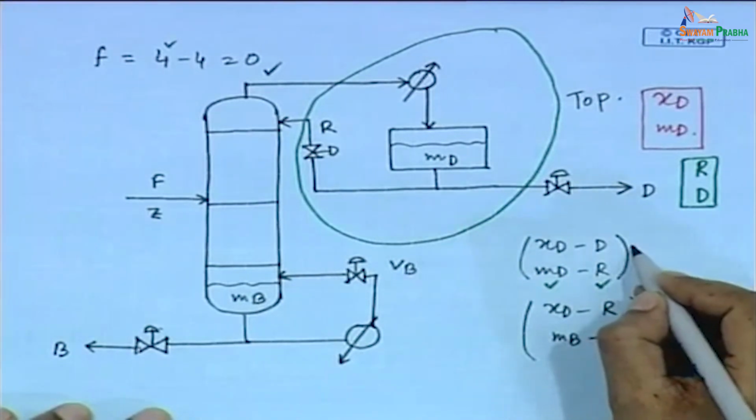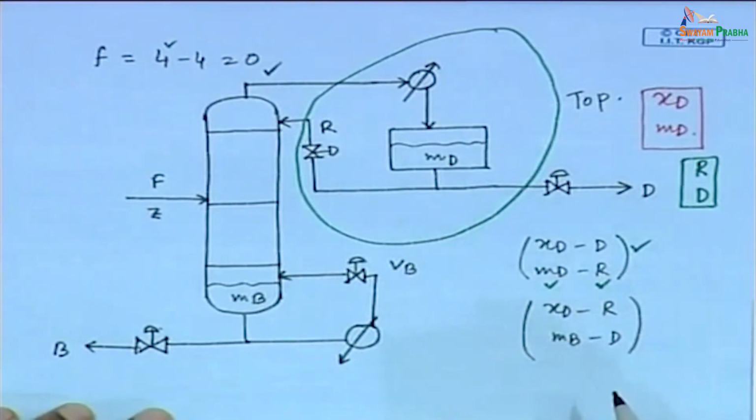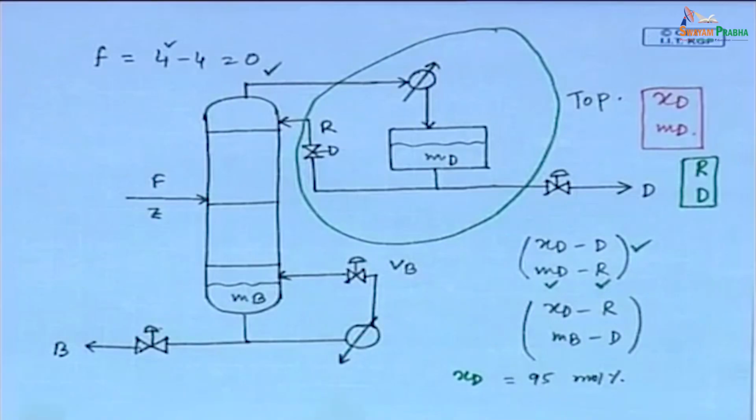Another option is xd versus d. Suppose we have the distillate composition at the present time 95 mole percent, I mean the distillate purity presently is 95 mole percent. Now, we want to change it to 98 mole percent purity.